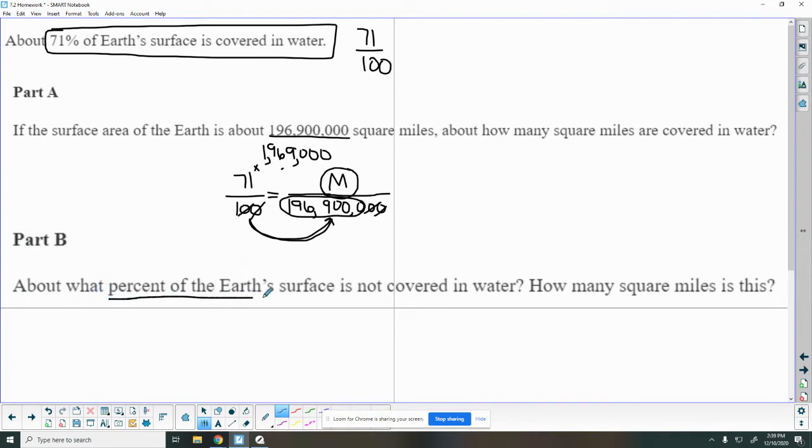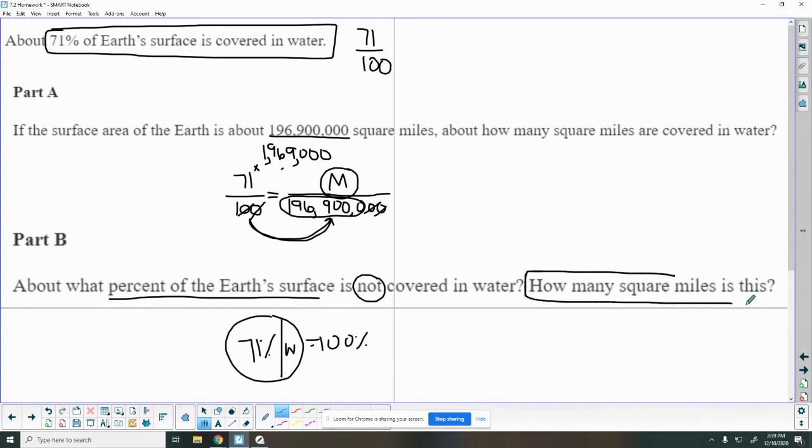Then part B is pretty easy. It just asks what percent of Earth's surface is not covered in water. So if here's our Earth and our Earth equals 100%, and it said that 71% of it is covered in water, then I want to know what percent is not covered in water. And then we're going to figure out how many square miles that is. So once we know this W, what percent this is, we're going to take that and set it up over 100.